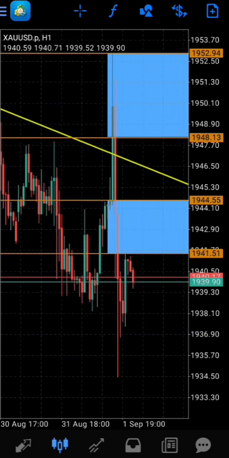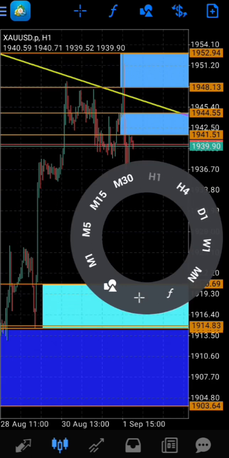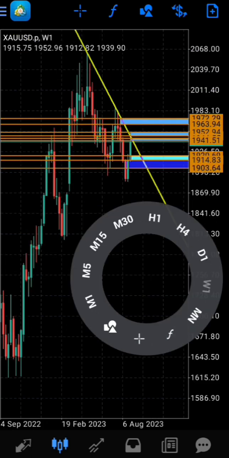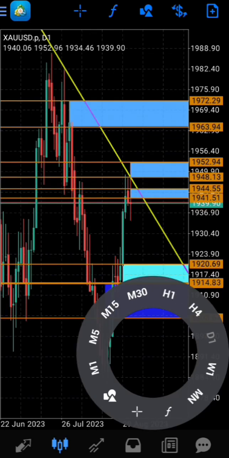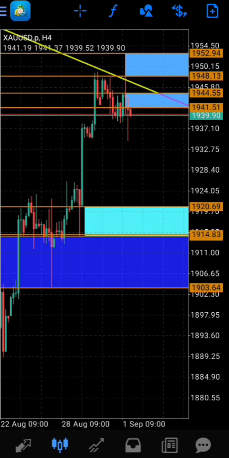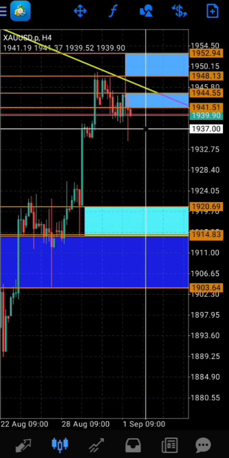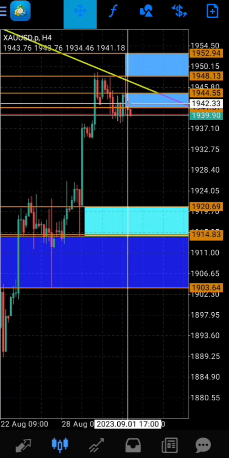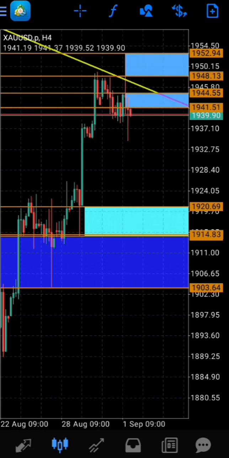Okay, so last thing, the most important key point that you must remember: if you want to find a zone, make sure you find a zone in weekly, daily, or H4 only. Some special cases, just like the setup here, we find in H1, M5, this is a special case because we know that is the presence of a super strong seller.